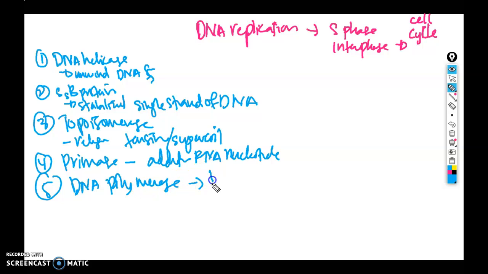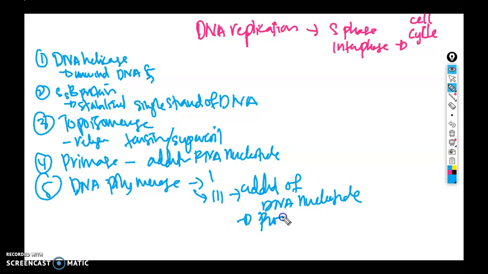DNA polymerase 1 and 3 are for addition of DNA nucleotide and proofreading, and to remove and replace the RNA primer.